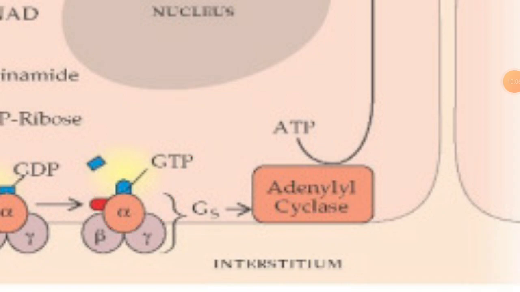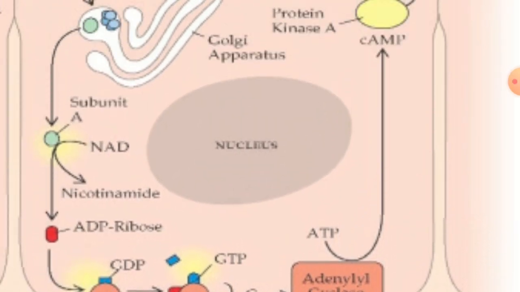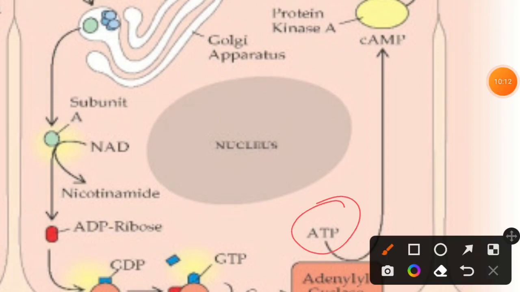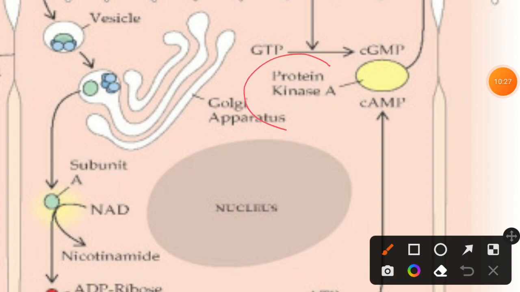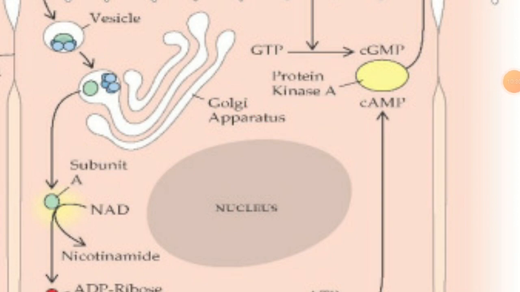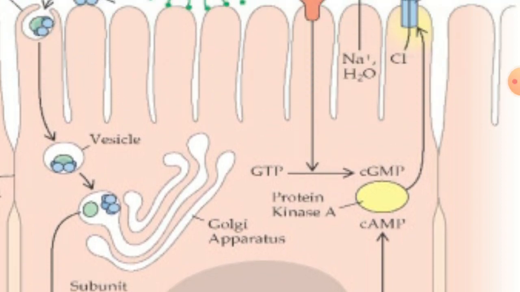Now, as adenylate cyclase is activated for a longer time, it will keep converting ATP into cyclic AMP. As a result, a large amount of ATP will be converted into cyclic AMP. Cyclic AMP will in turn activate protein kinase A, which will be activated for a longer time because cyclic AMP is produced in a higher amount.